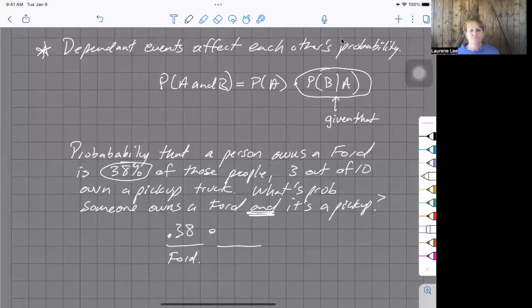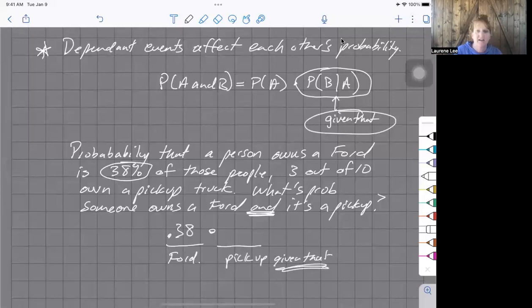Okay. Now, the second one is what about a pickup? And the mathy way of saying it is what's the probability of getting a pickup given that, there's that phrase again, that vertical line, given that they own a Ford.